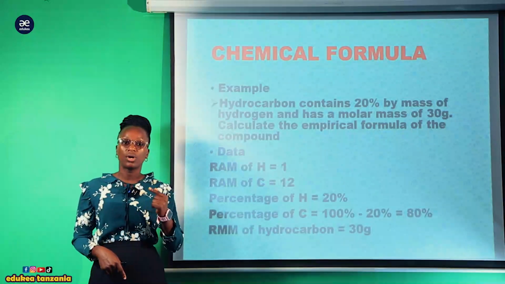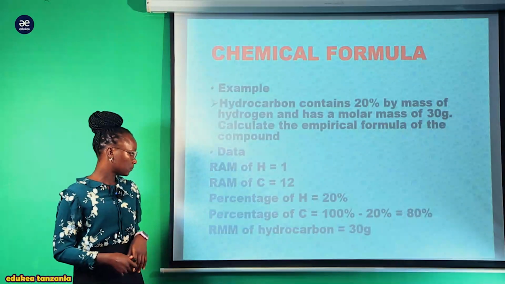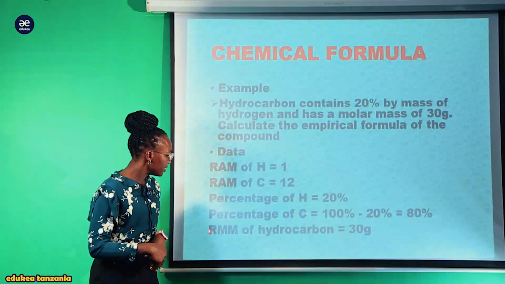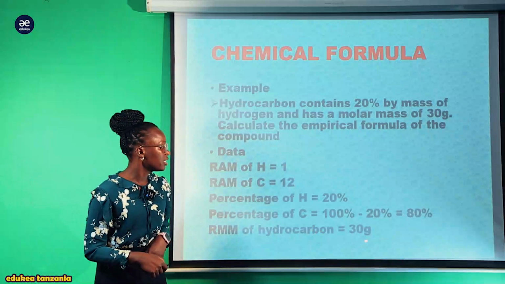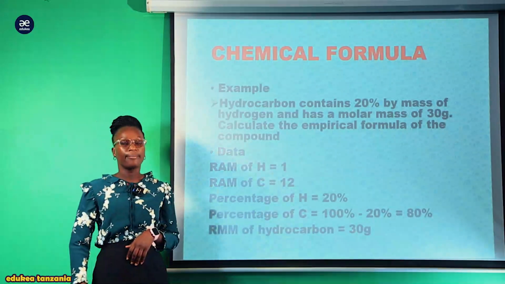It means we are going to have 80% of carbon. Therefore, the mass tunayo ni 30 gram.